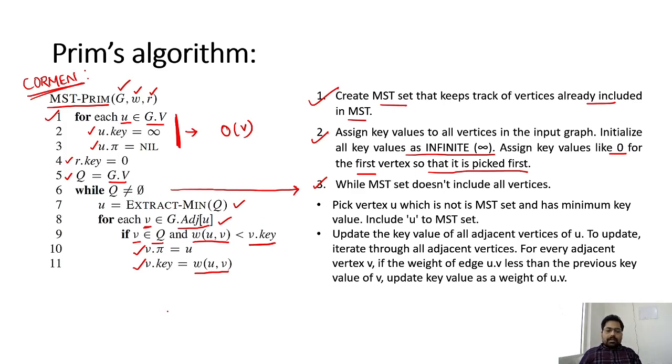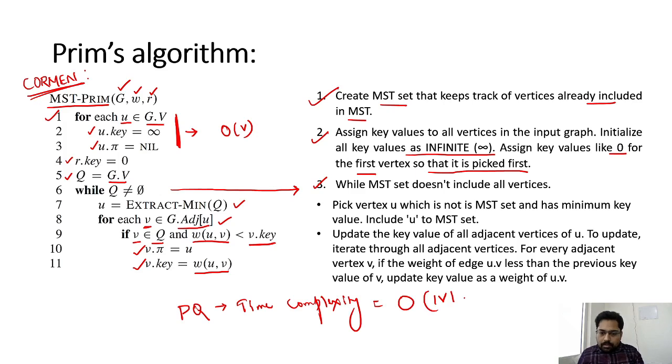So we must say, if you are running a priority queue, I'm just writing PQ, the time complexity could be big O of E log V. This is the answer we can expect.